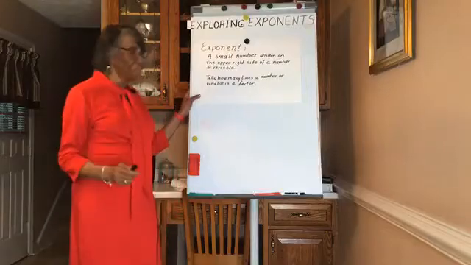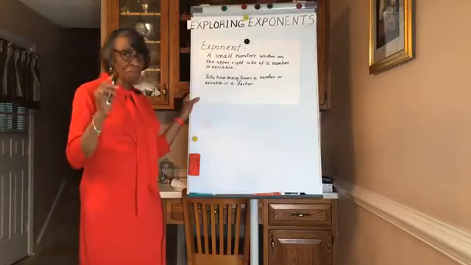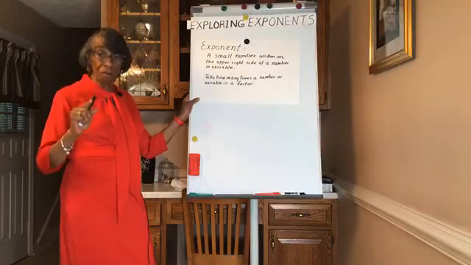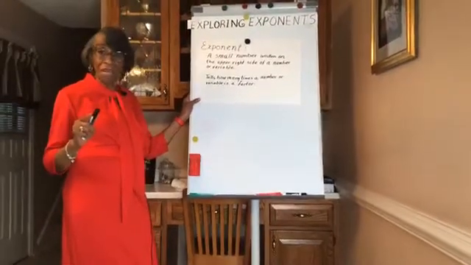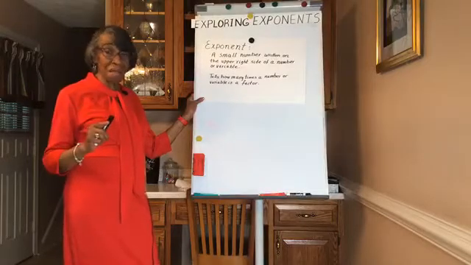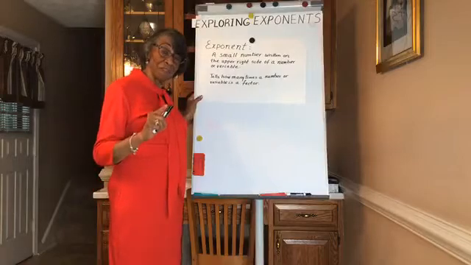All right, exponents. First of all, how does it look? It's a small number, and I don't mean in value, but it's written small. Written on the upper right side of a number or a variable. So that's where it's located. So we need to know what it looks like. Then, what does the exponent do?